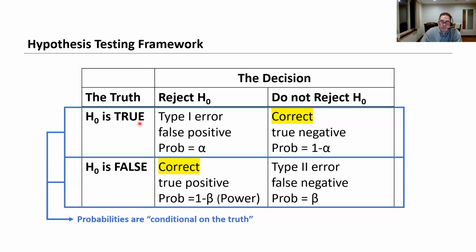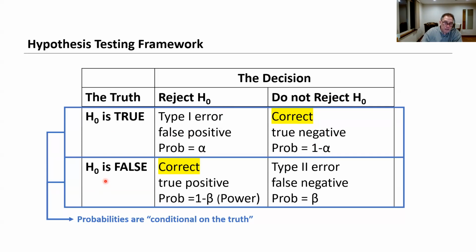If the null hypothesis is true and you fail to reject it, this is correct. Your treatment is a dud, in truth, and your experiment shows that your treatment is a dud, then you've got a correct answer. This is the true negative rate, and this probability is 1 minus alpha.